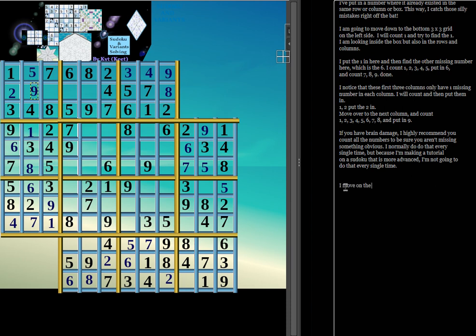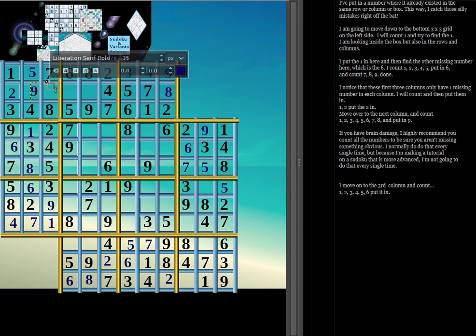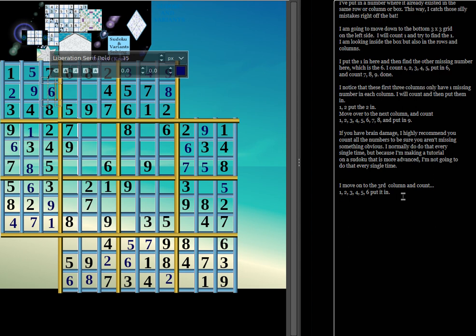I move on to the third column and count 1, 2, 3, 4, 5, 6, put it in, and move on.